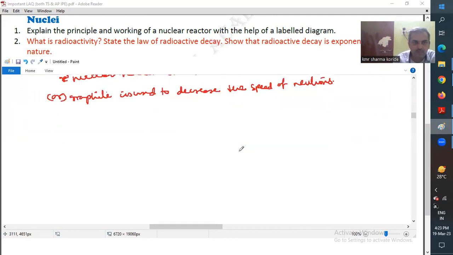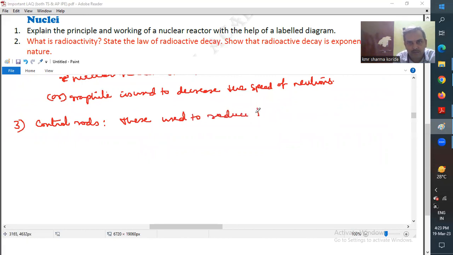Then moving to control rods. These are used to reduce the fission rate and also to absorb the neutrons.